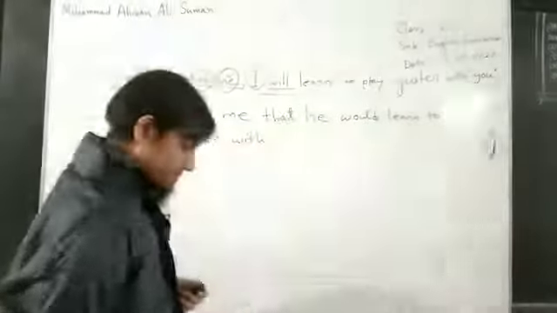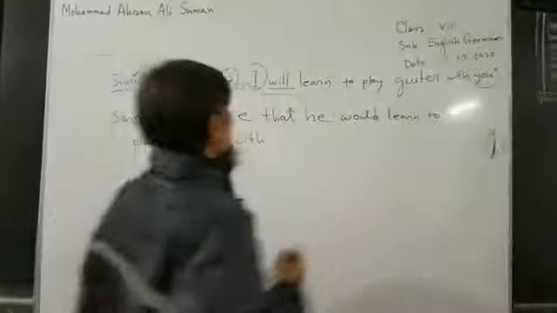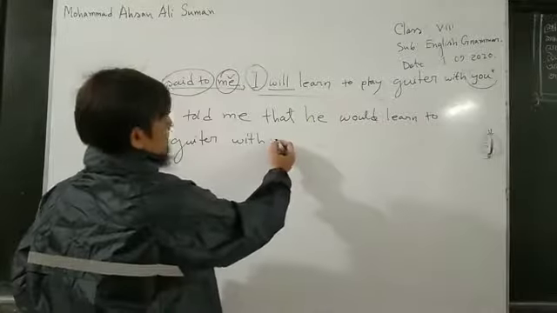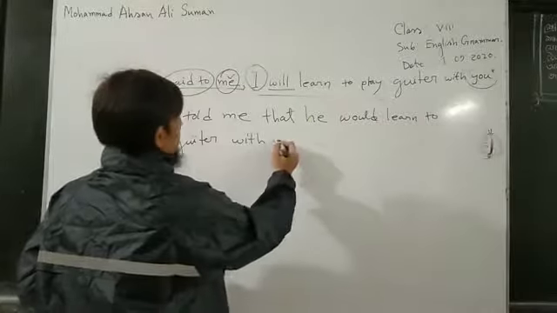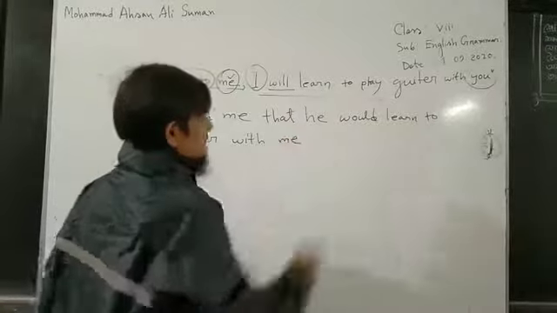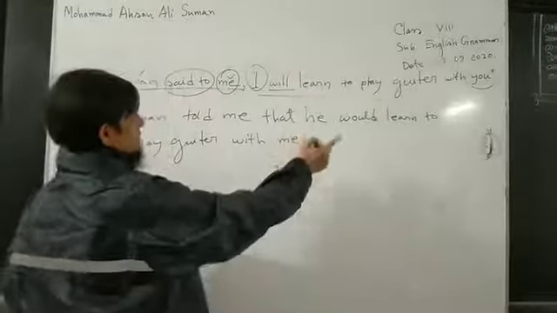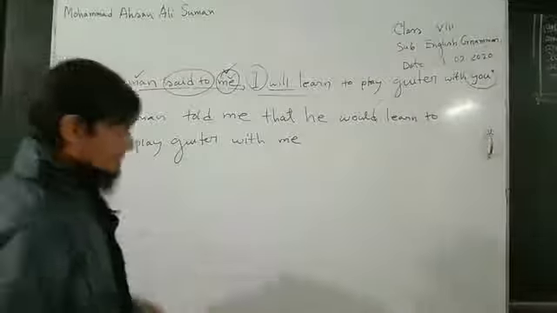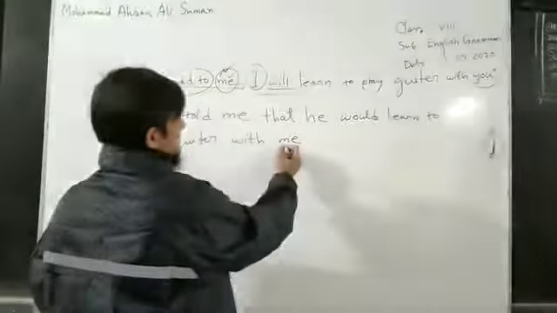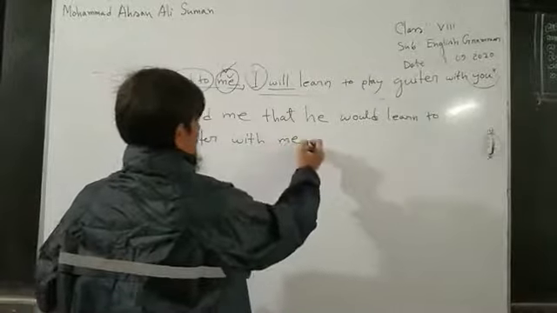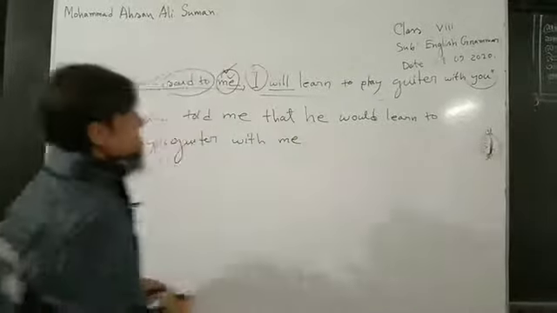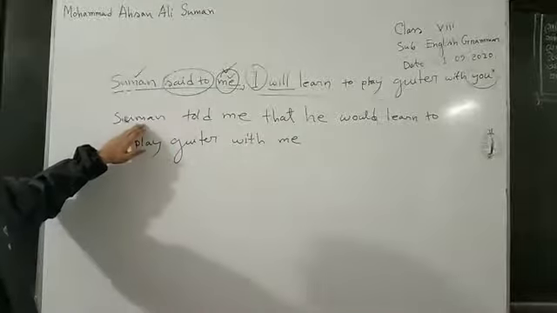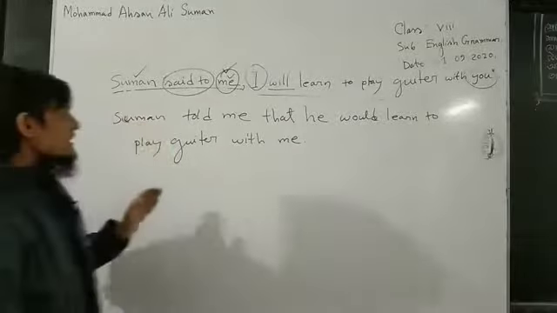So you will become me. You is the objective form. Here me also is in the objective form. So directly we can write me here. So the answer is: Shimon told me that he would learn to play guitar with me.